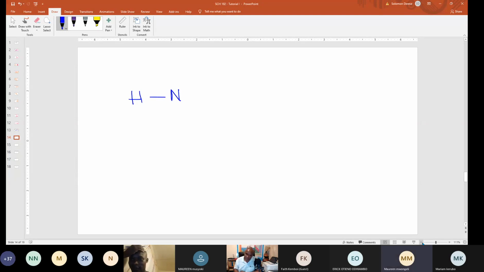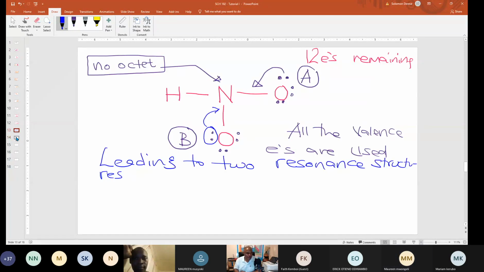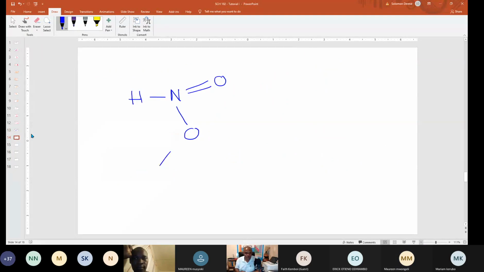We can have a double bond like this, and this way, a single bond. This one is coming from oxygen A, for example. The other possibility is you have H, nitrogen. This one is a single bond, while this one is a double bond.